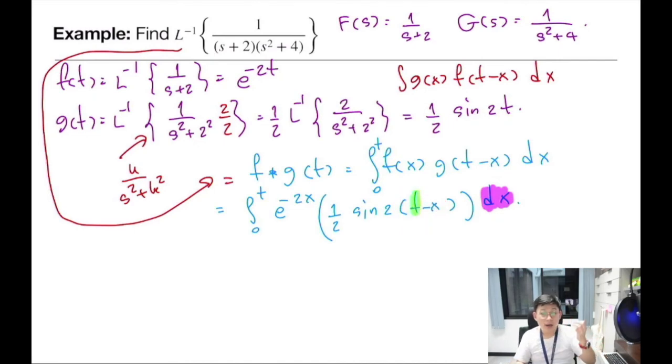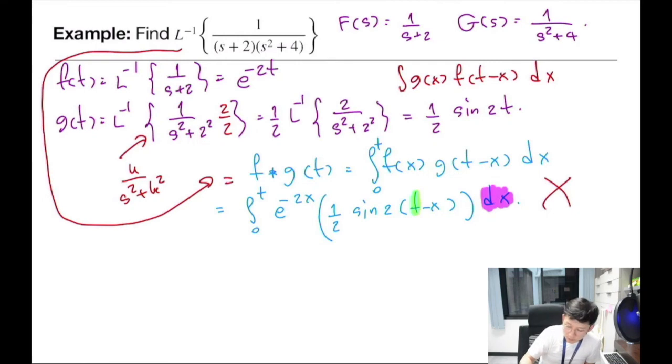And then you have sine of t minus x, you need sine a cos b plus cos a sine b. And that would be really messy. It would be really hard to pull t out. So if I were you guys, I wouldn't do it like that.